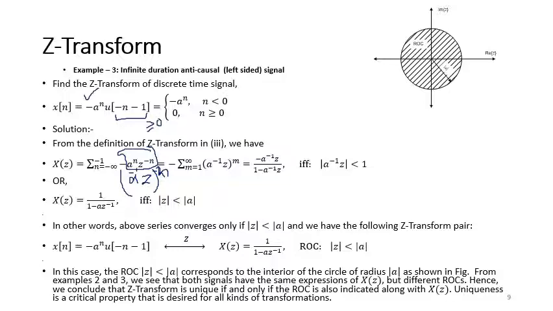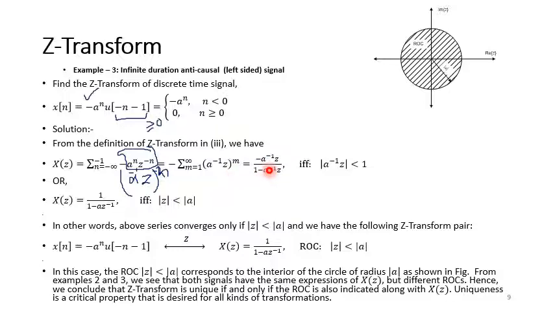Okay, so now we have m running from minus infinity up to infinity, and we have this form. So again, summing this one with the assumption that the absolute value of a inverse of z is less than 1, it will converge, otherwise it will not converge, right?